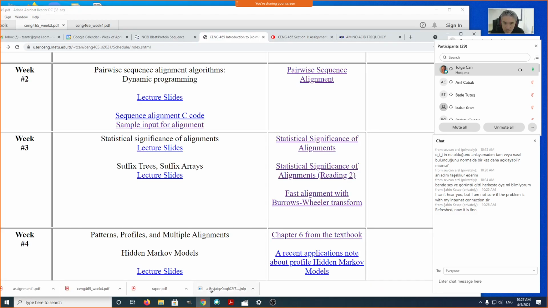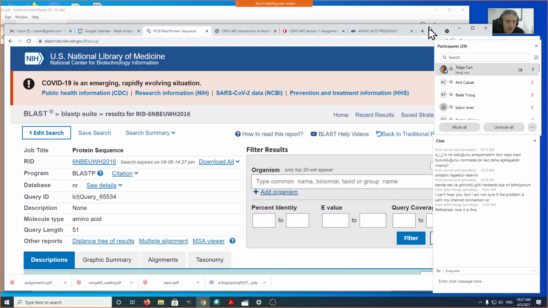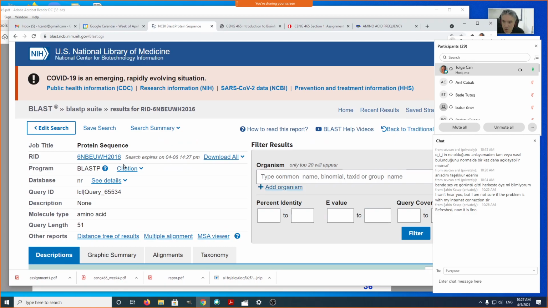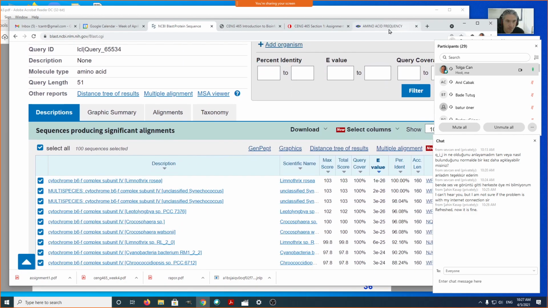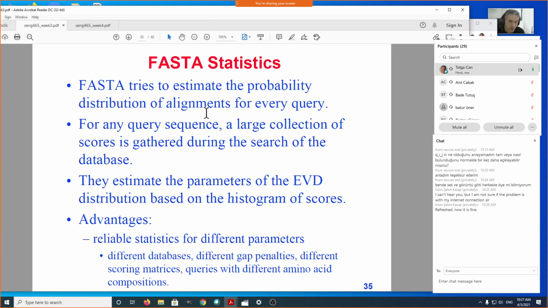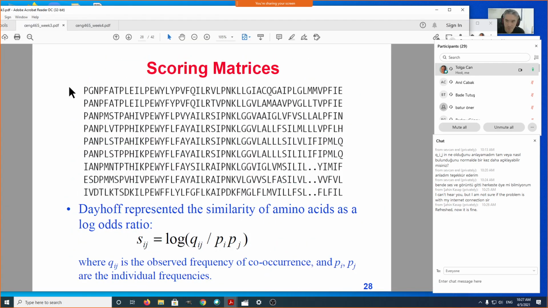Now, before the start of this course, I ran a protein sequence alignment query. Actually, I ran this one, the DAHO. So the first sequence here, I put it into BLAST.